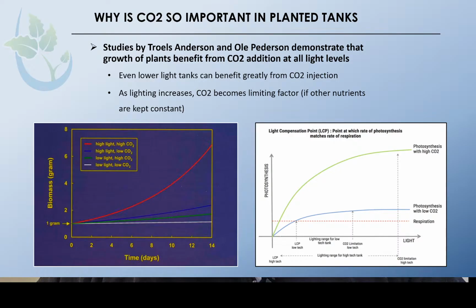As light increases, you have to go up concurrently with the carbon dioxide as well as any of the other components that your plant needs for plant growth. If you don't increase the input of your macromolecules, it doesn't matter how much light you give the plants, it's just not going to grow, right?